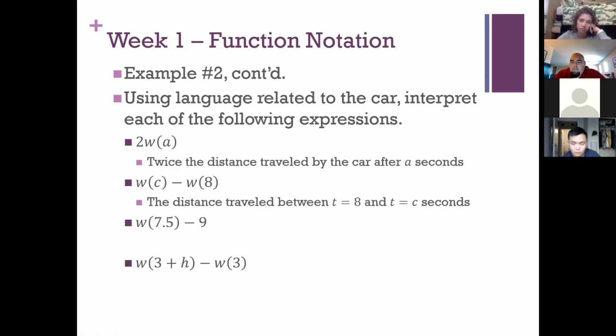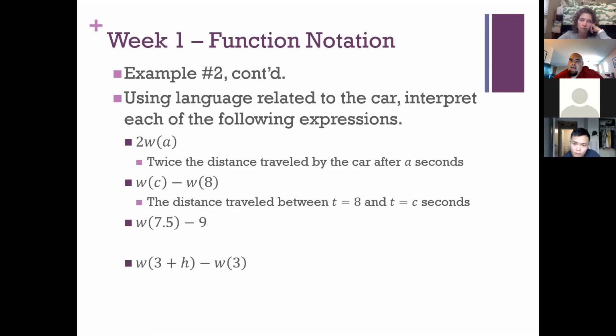The change in distance the car has traveled during 7.5 seconds when the car starts 9 feet behind the starting point. Okay, so we have an offset of 9 feet there. In the chat, we have distance traveled at 7.5 seconds after 9 feet. I think that's very similar to what I just heard.